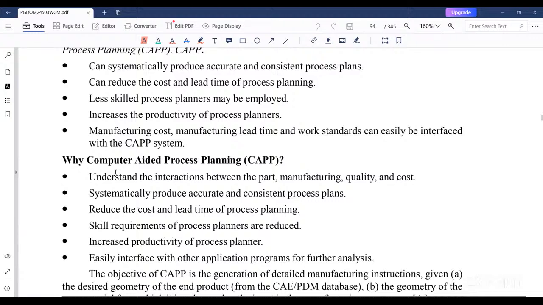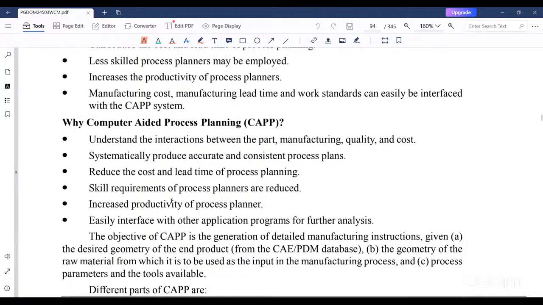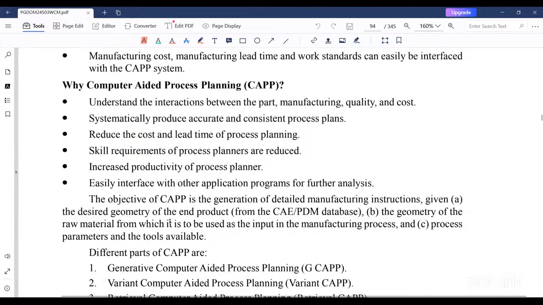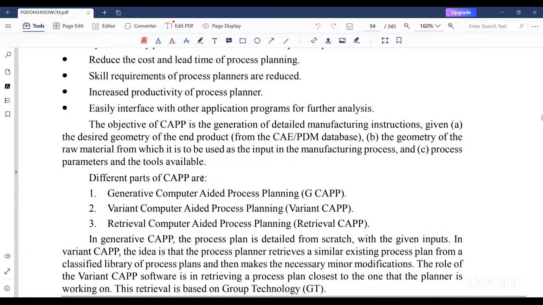So why computer aided process planning? Because it understands the interaction between the part, manufacturing quality and cost. It is required because it increases productivity and decreases the cost of production. The different types of CAP are GCAP, VCAP, and RCAP.